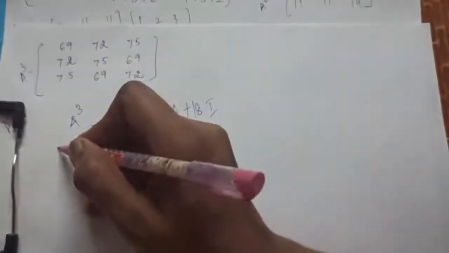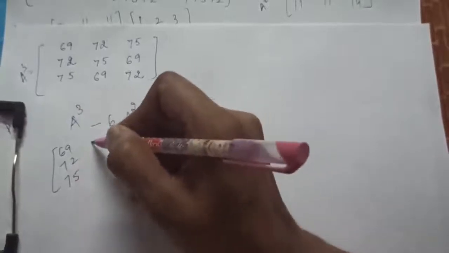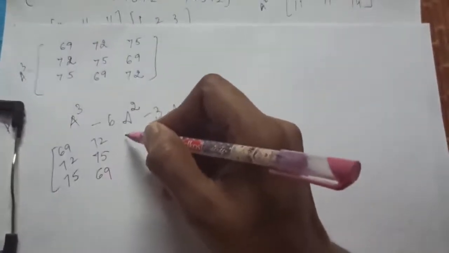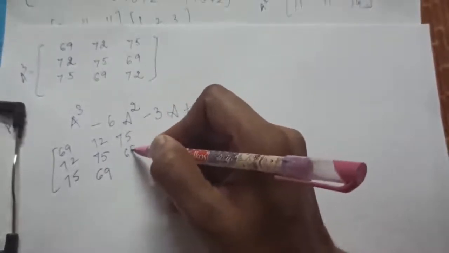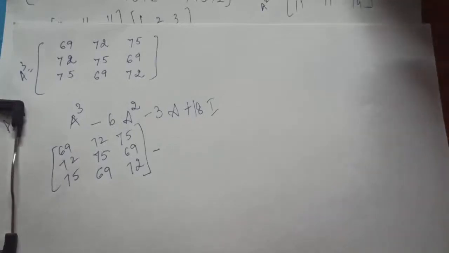Now A cube, we have got this: 69, 72, 75, 72, 75 and 69, 75, 69 and 72, minus, we will put a minus sign. Next we have to take 6A square. Now where is A square? We know that A square means A multiplied by A, and this multiplication we have already done in the previous step.